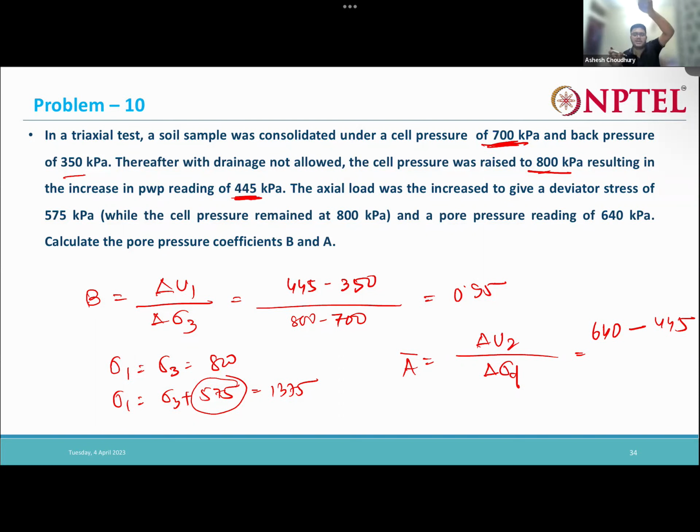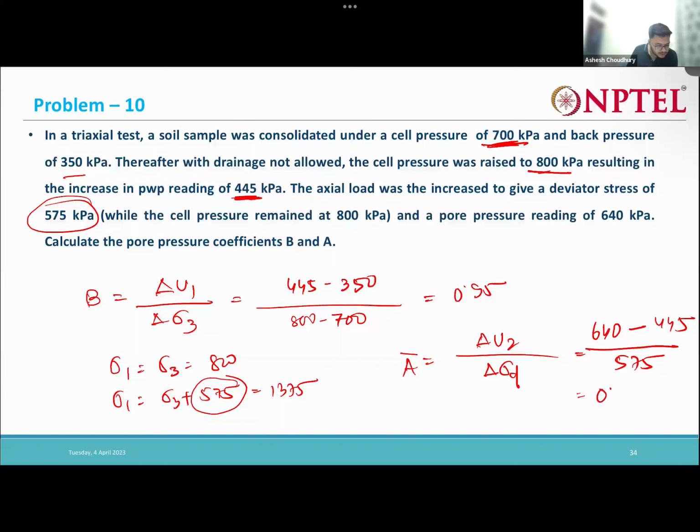Then I started applying my deviatoric stress, and when the deviatoric stress was 575, my pore pressure was 640. So 640 minus 445 is the increase in pore pressure due to the application of the deviatoric stress. This divided by 575.